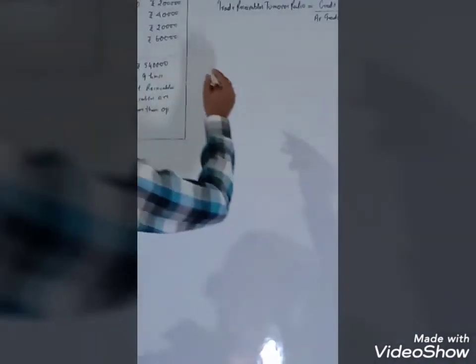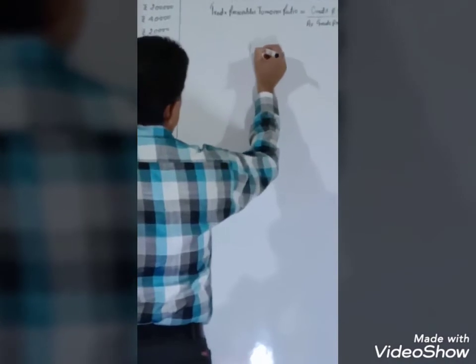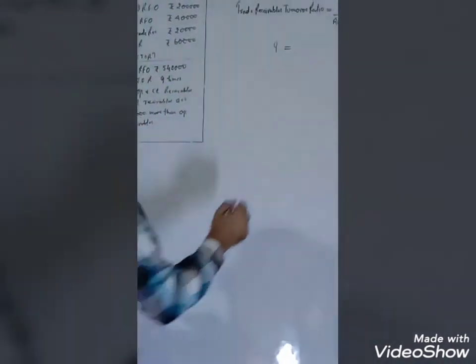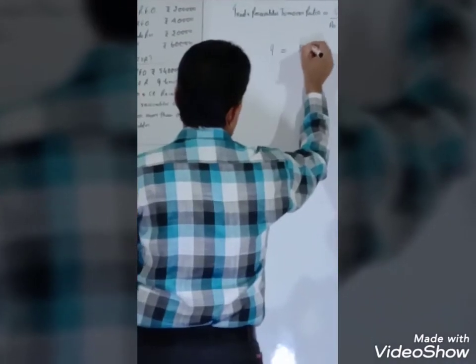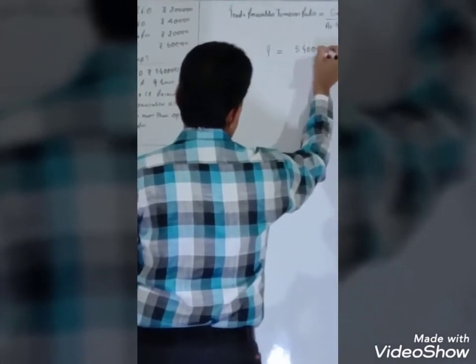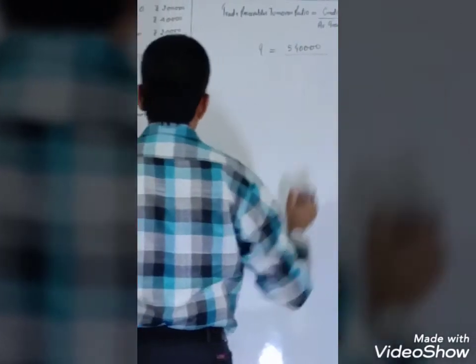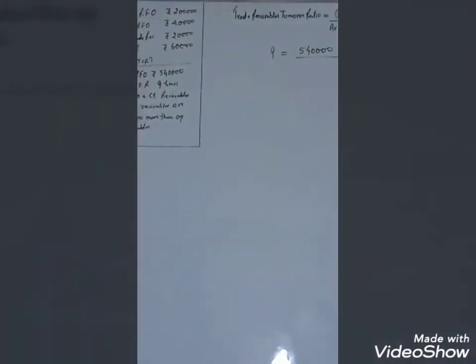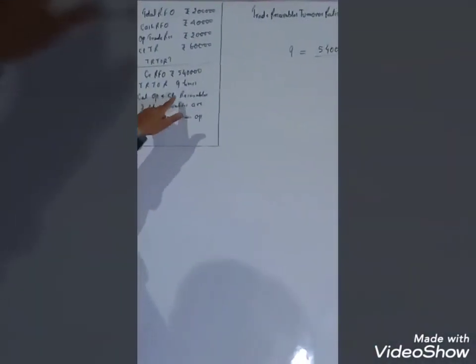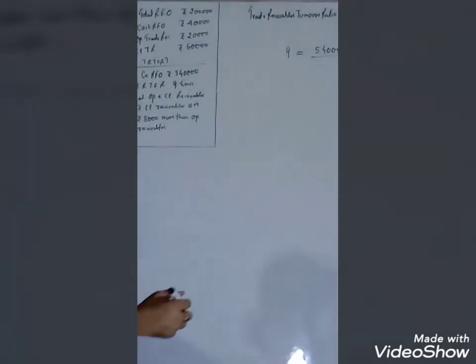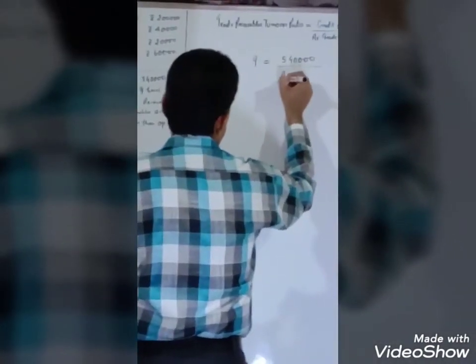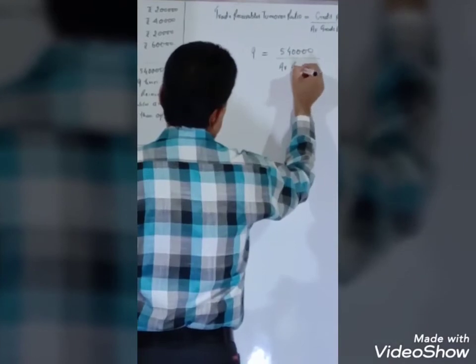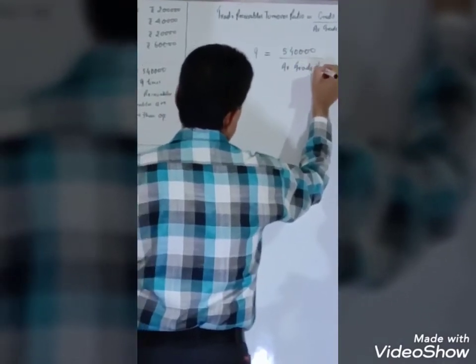Now by putting the values, trade receivables turnover ratio 9 times, we will put 9 is equal to credit revenue from operations 5,40,000 divided by average trade receivables, which are not given because we have to calculate opening as well as closing receivables.